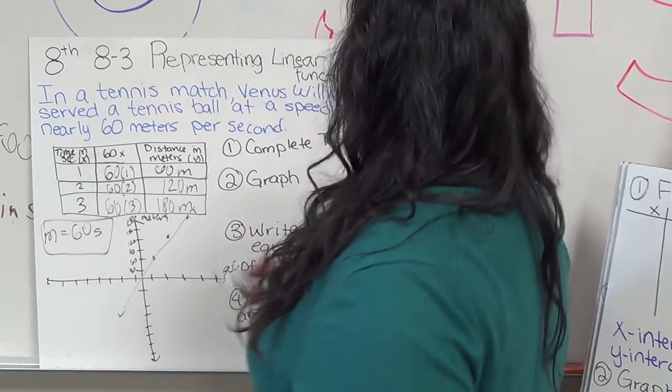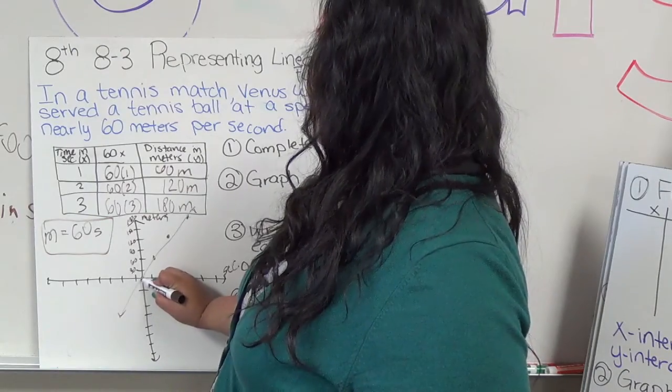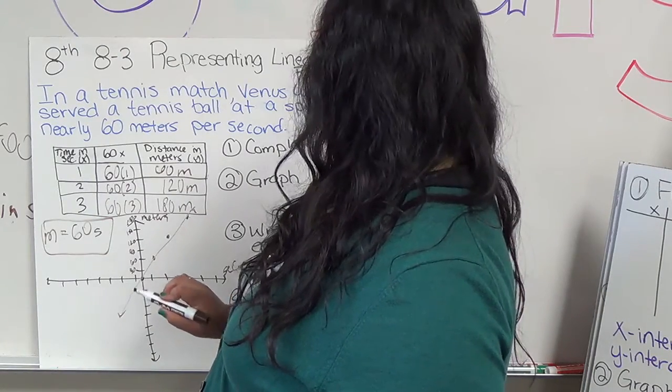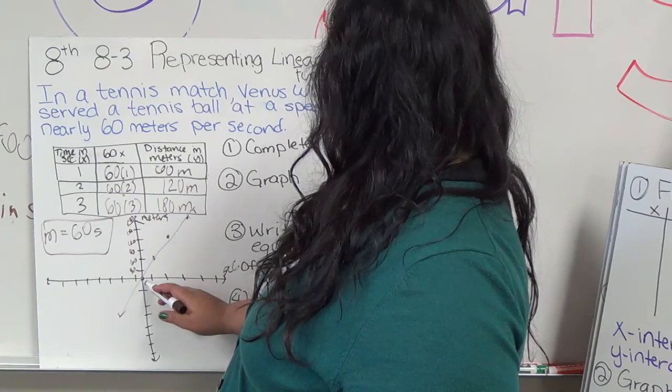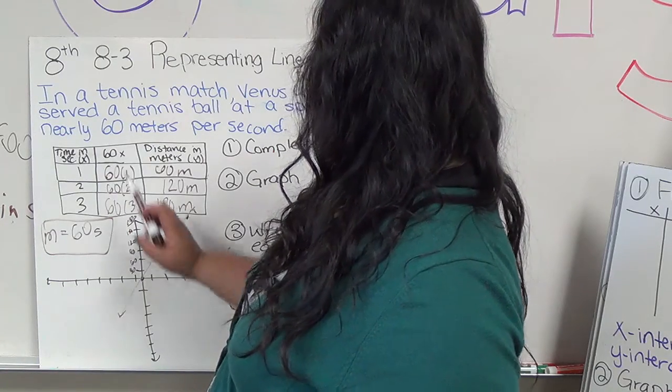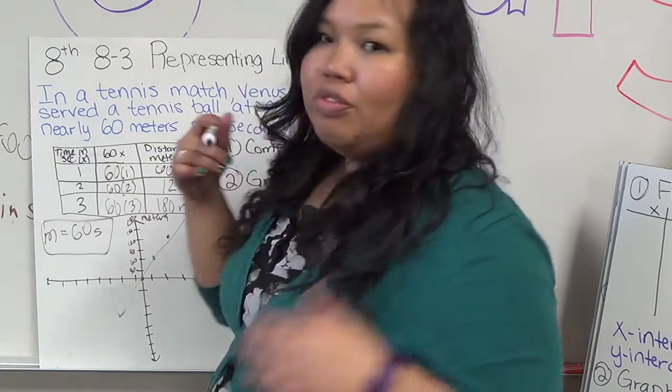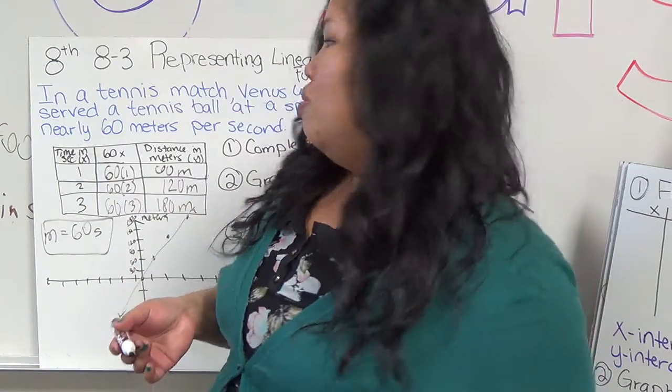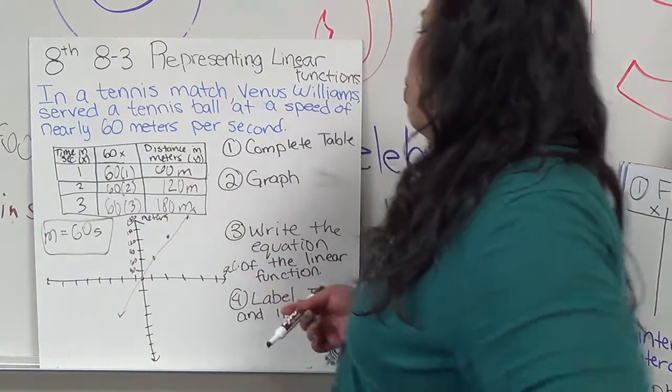Okay? So that means I start at 0 here, 0, 0. 0 seconds means 0 meters, because if there's no time that passed, there's no distance.